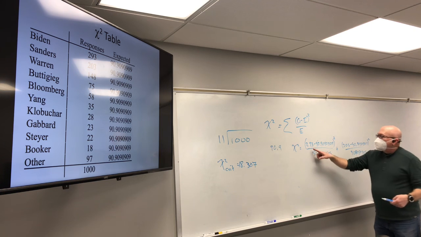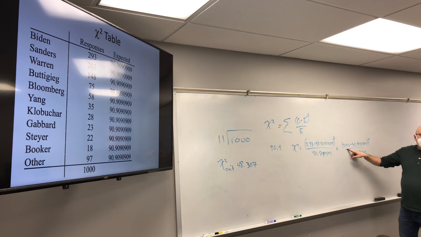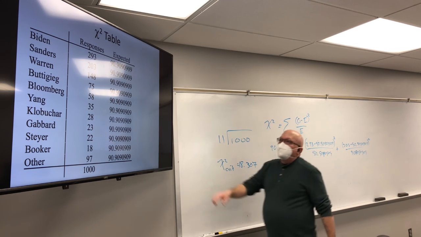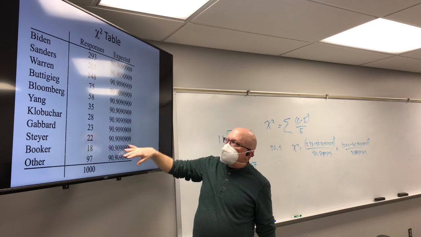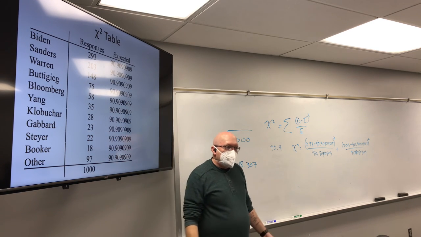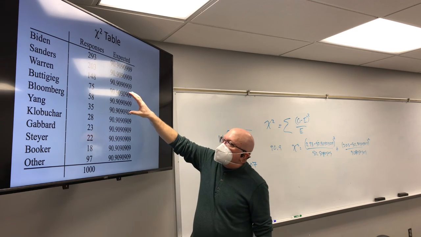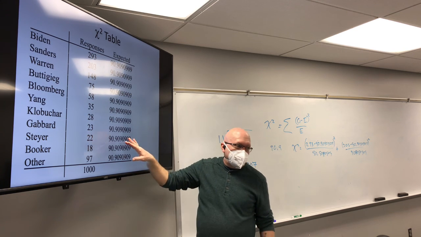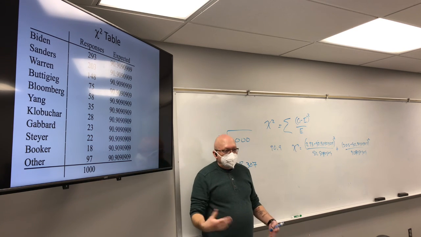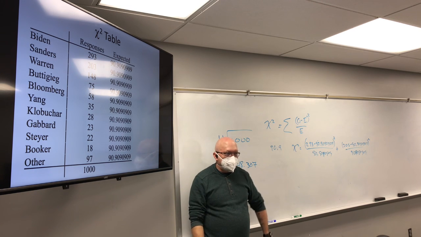Clearly, people are preferring Biden over what you would expect. People are preferring Sanders over what you would expect. People are preferring Warren over what you would expect. And all the rest of these, they prefer less. All of those differences, these big differences and also these moderate to big differences in the other direction, are all going to stack up to give you a really big chi-square statistic in the end.